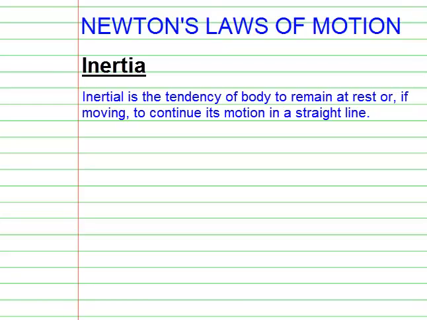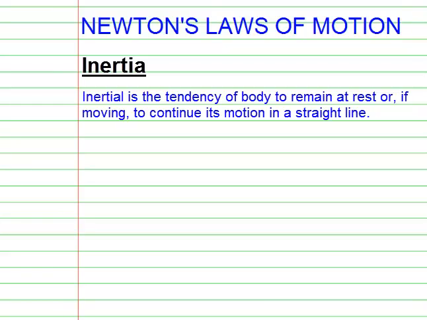Similarly, it's more difficult to stop a moving lorry than a small van. The lorry has more inertia than the van. A better term to use here is momentum. Momentum is a derived physical quantity. We shall define momentum in the next subtopic when we talk about Newton's second law of motion.